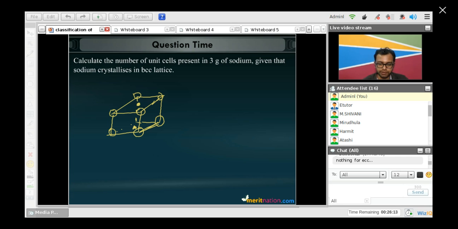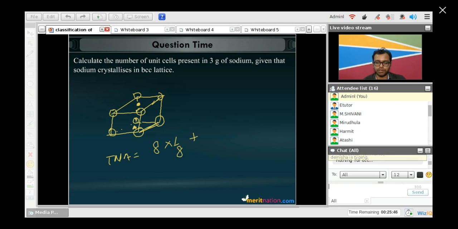In the end-centered cubic cell, there is 1 atom at each corner, and there are 2 atoms lying at 2 opposite faces, right? So in this case, the total number of atoms is equal to, there are 8 atoms at the corner, so the number of atoms contributed by atoms at the corner is equal to 8 multiplied by 1/8 plus, now there are 2 atoms present at the face.